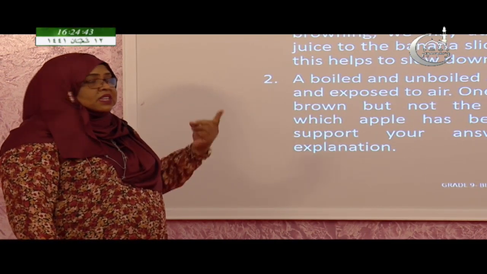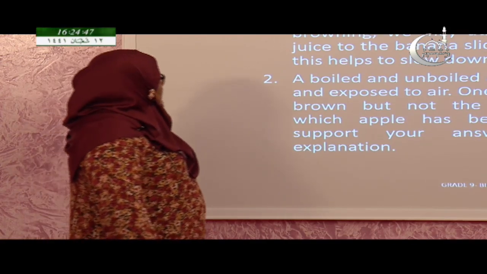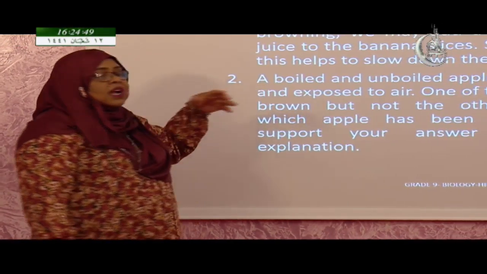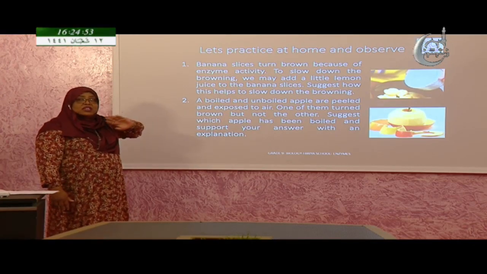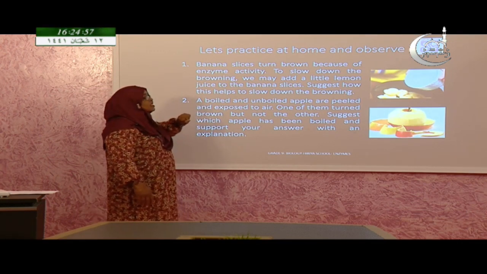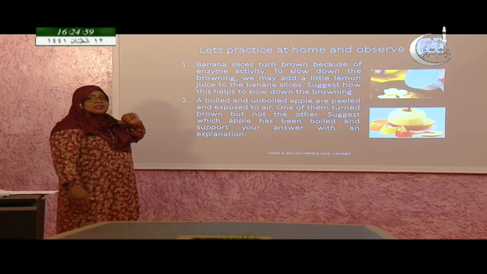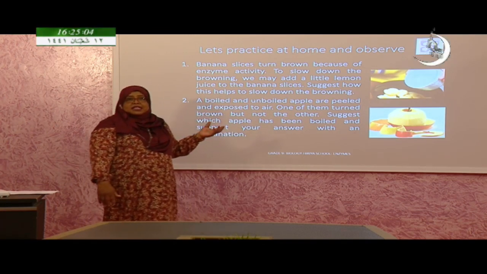Boiling includes heat, so this is temperature. When enzymes are subjected to high temperatures, they denature, and the active site does not work at all, so there is no chemical reaction. So the boiled apple will remain nice, whereas the unboiled one will become discolored because the reaction is taking place.